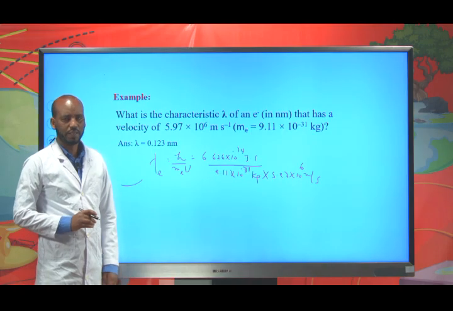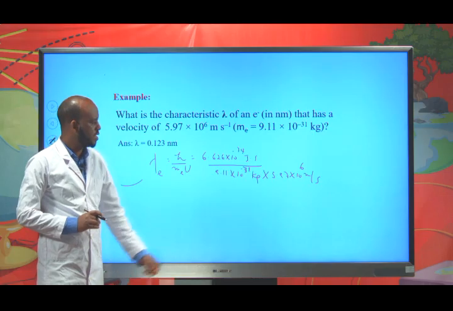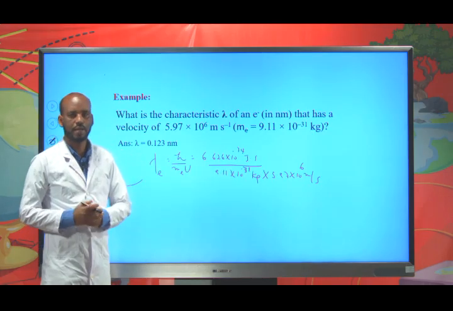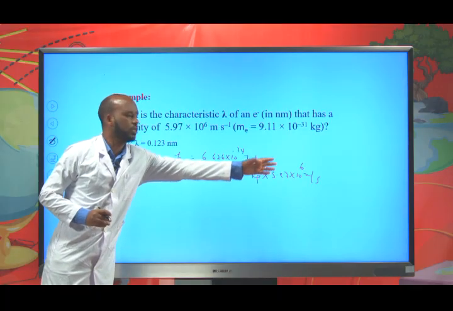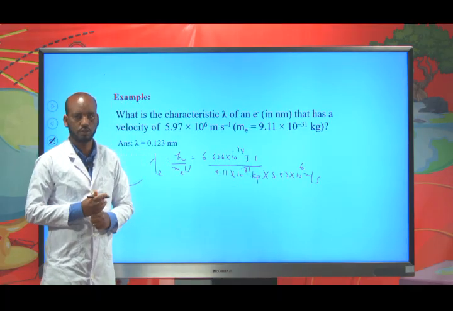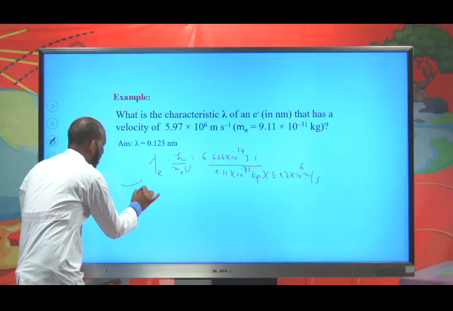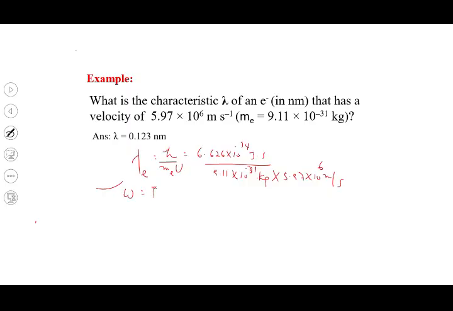Now, what is the relation between joule and kilogram, meter and second? We know that work by definition is force times distance. Work equals force, which is mass times acceleration, times distance. The unit of work is joule.